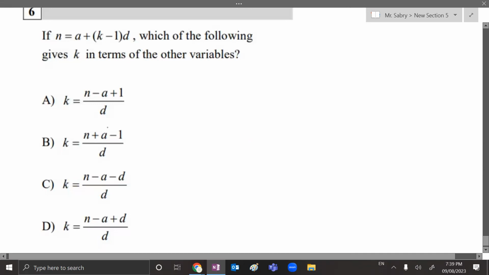Number 6. K in terms of the other variables. I need K completely alone. I'll distribute the D. So I'll have KD minus D. And then I'll move the A and I'll move the negative D to the other side.